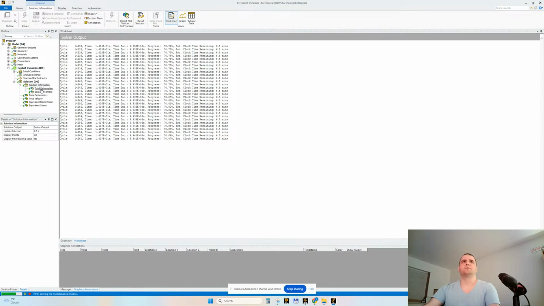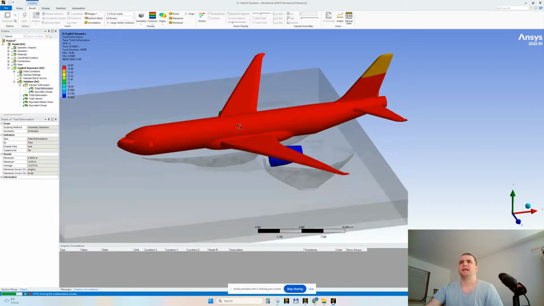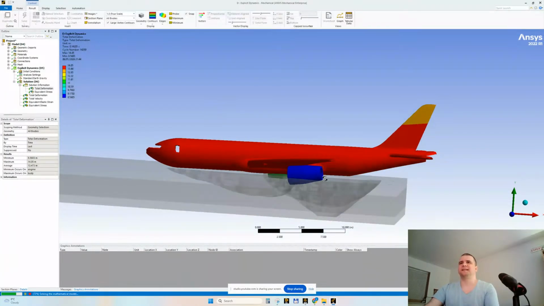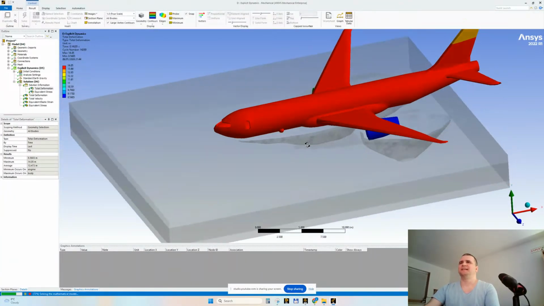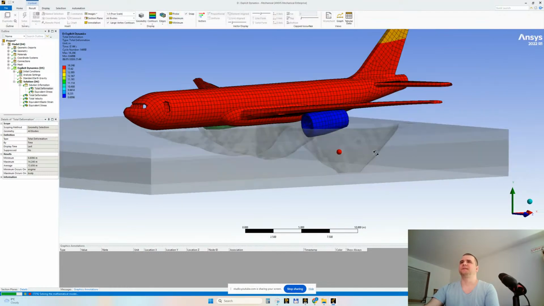Six minutes. Yes, your patience will pay off, my dear viewers. And we have engine dismantling. Yes, this is victory. The engine comes off.